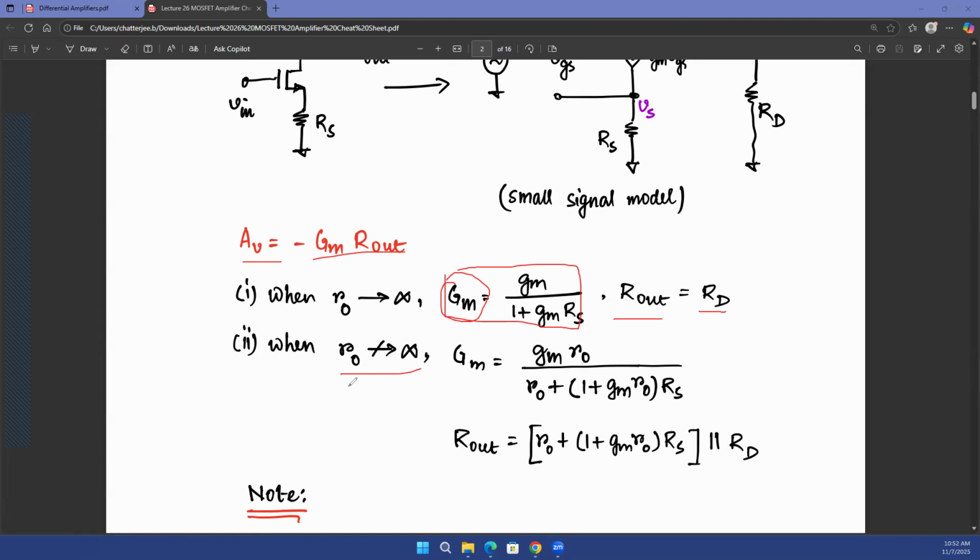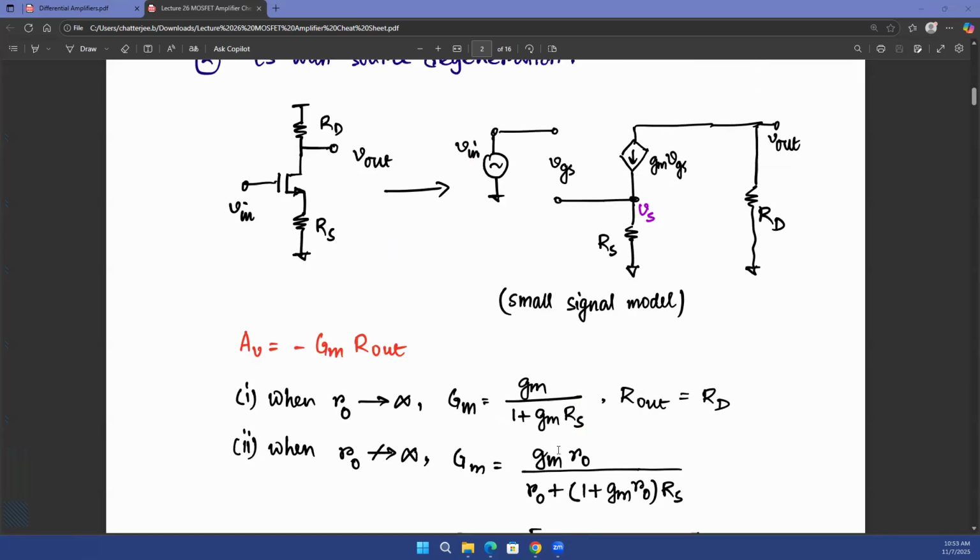Now, if RO is not equal to infinity, you can actually prove that the uppercase Gm is going to be gm RO divided by RO plus 1 plus gm RO times RS. Now, why is that? You can prove that by drawing the small signal model and considering RO in it.